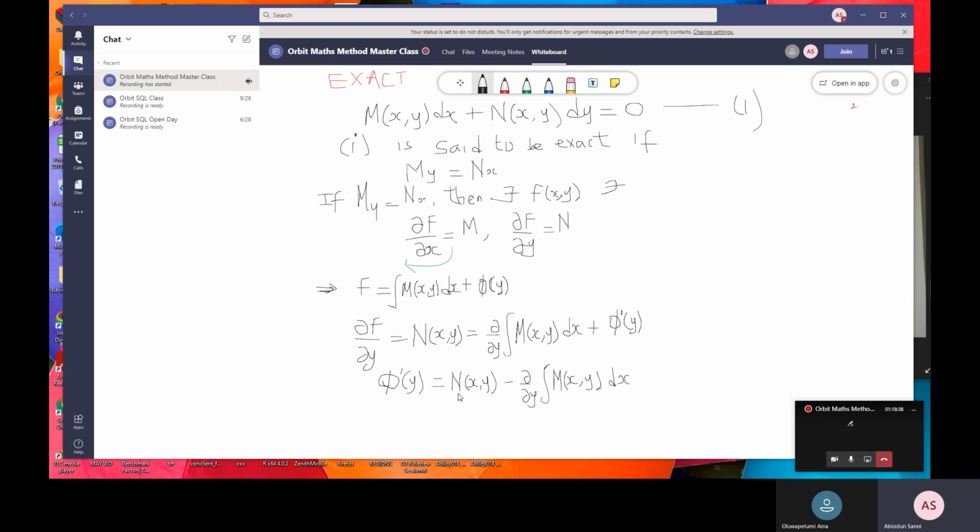So if I have phi prime of y equal to this, how do I find phi of y? To find phi of y, I just integrate both sides with respect to y.